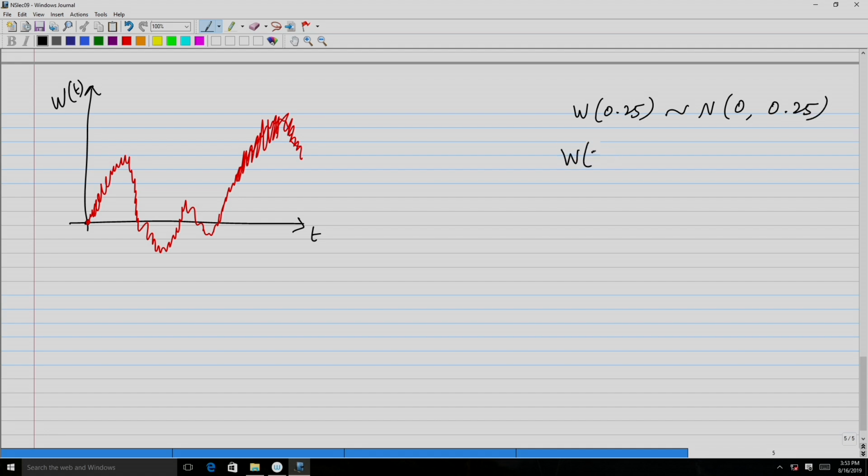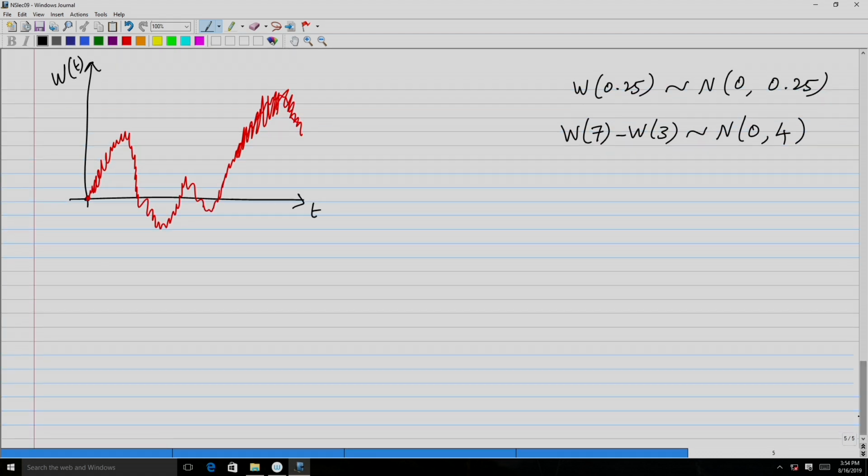Suppose I look at W7 minus W3, I know that this is distributed as normal 0 with variance 4. Any calculation with respect to W, since you know it is normal distributed, boils down to calculations connected with the normal distribution as far as distributions, properties and probabilities with respect to Brownian motion are concerned.